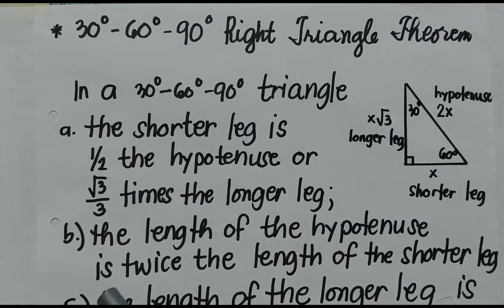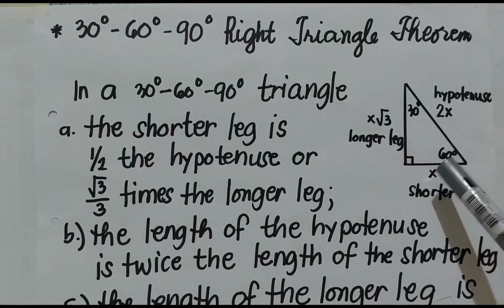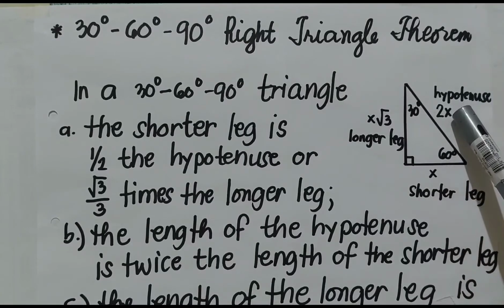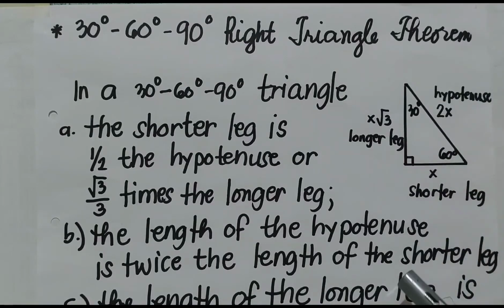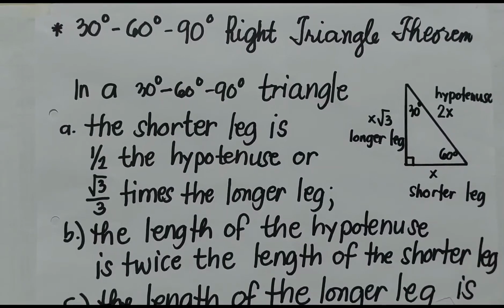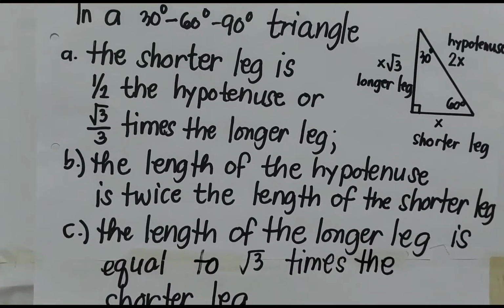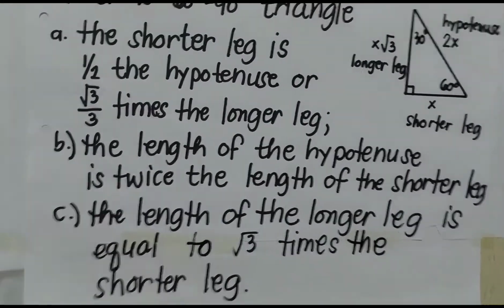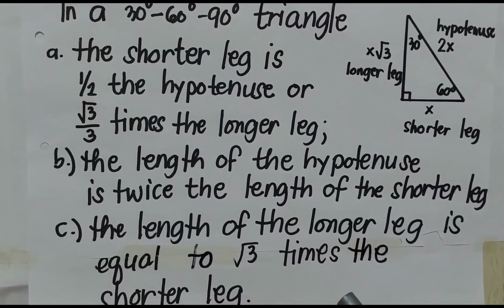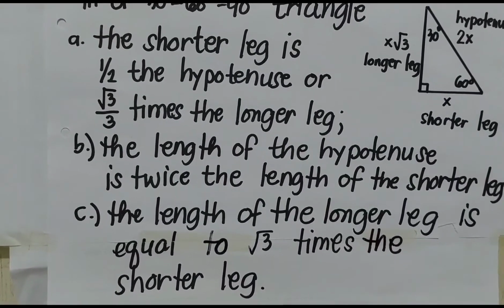Then second, the length of the hypotenuse is twice the length of the shorter leg. So bali-bali ra. Kung ang shorter leg katunga siya sa hypotenuse, so therefore, the length of the hypotenuse is twice the length of your shorter leg. So, iyang kaduhaon ang gitason sa imong shorter leg. And letter C, you have there, the length of the longer leg is equal to square root of 3 times the shorter leg.